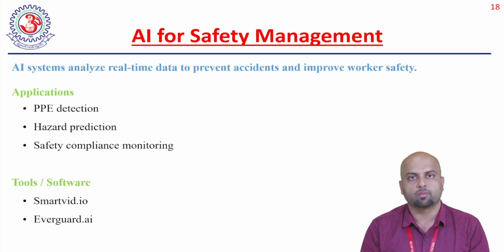We can detect this without visiting the site. We can predict hazards, and safety compliance monitoring can be done from remote locations using these AI tools. Different tools available for safety management are Smartvid.io and Everguard.ai.